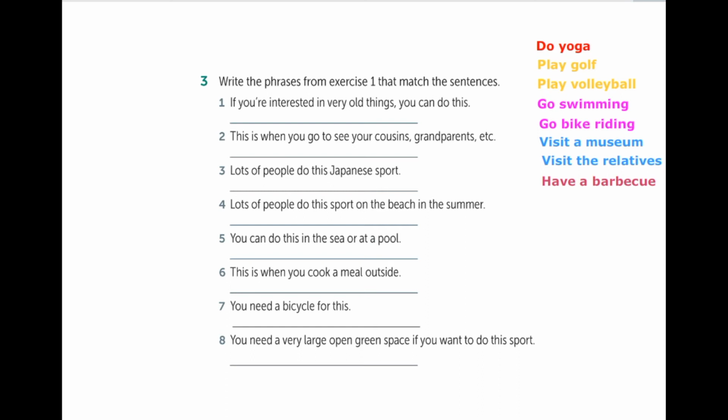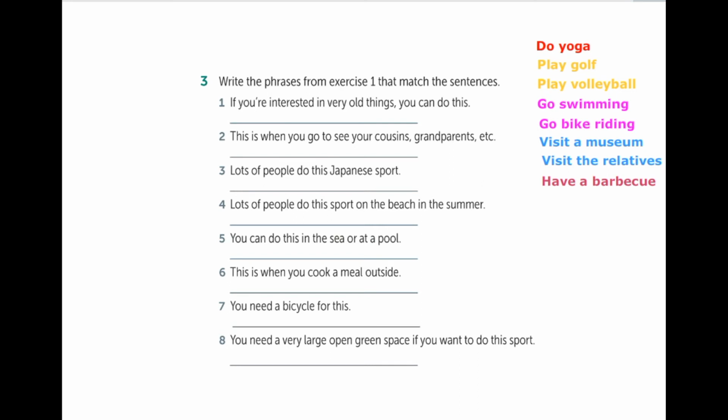So let's start. Number 1. If you're interested in very old things, you can do this. Number 2. This is when you go to see your cousins, grandparents, etc. Number 3. Lots of people do this Japanese sport. 4.